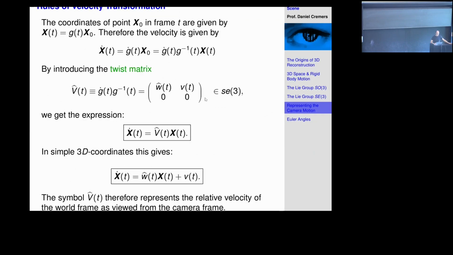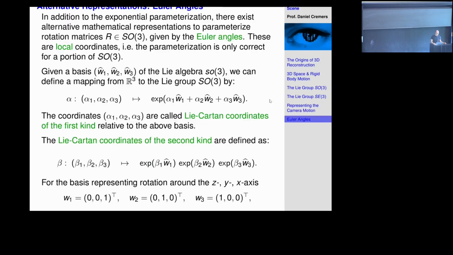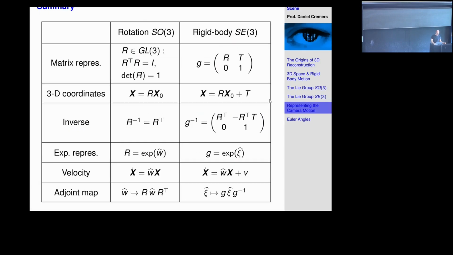And this Lie algebra, little se3, is a linear space. And so we can parameterize the rotations, for example, by choosing an element in the skew-symmetric 3x3 matrices and then modeling this mapping from the algebra to the group by this exponentiation that we see here.